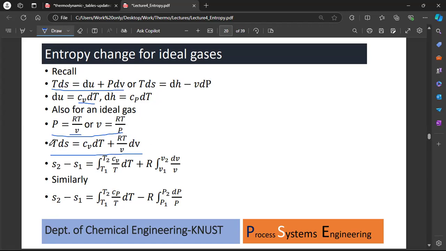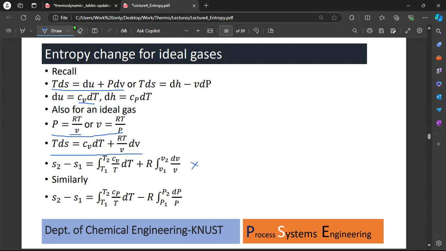And then we can divide through by T so that the S will stand alone and then integrate both sides. So when we do that, we end up with this expression we see here. When we divide through by T, we end up with CV over T. Then RT over T will just leave us with R. And then we have a 1 over V. So we can integrate and then we get the expression in this form.